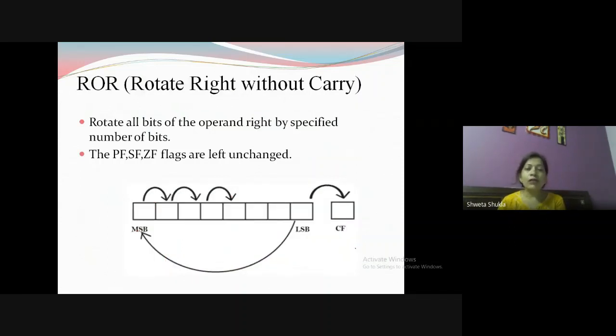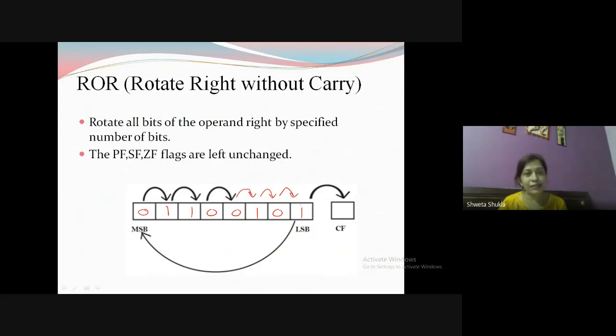ROR also goes similar to ROL. The only difference is that it will move towards the right side. So let's see, if you have the value 0, 1, 1, 0, 0, 1, 0, 1, what is going to happen? All the bits will move towards the right side, just like this.